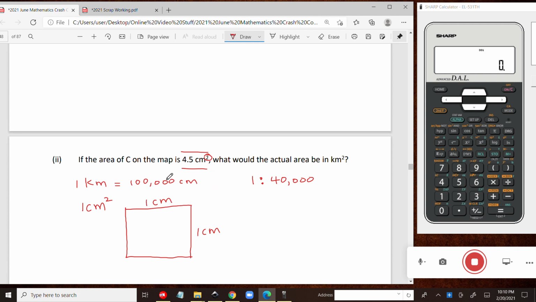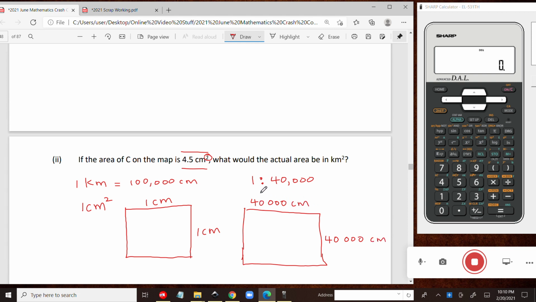But on this particular map, everything is 40,000 times larger. So when I measure this length as 1 centimeter and this length as 1 centimeter, in real life, here will be 40,000 centimeters, because 1 by 40,000 is 40,000. And over here will also be 40,000 centimeters.